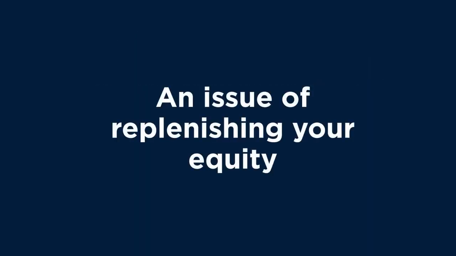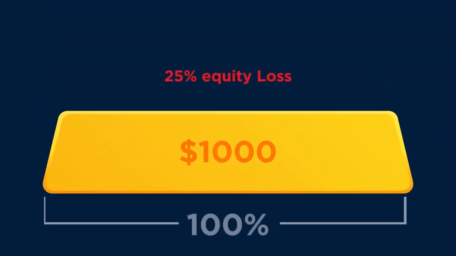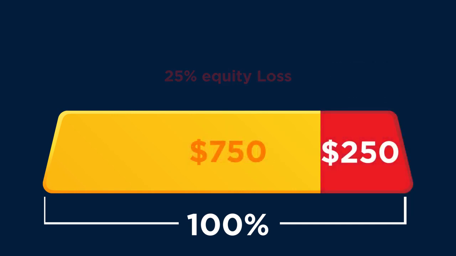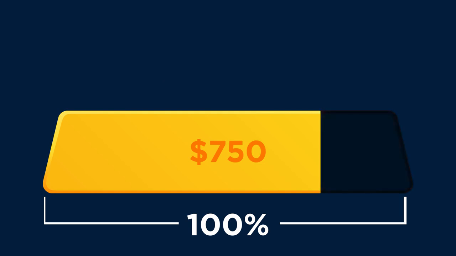An issue of replenishing your equity. The most important issue with a series of drawdowns is that the more you lose, the harder it is to make it back to your original account volume. You can see that the percent of the equity you need to return to recover your balance grows drastically.